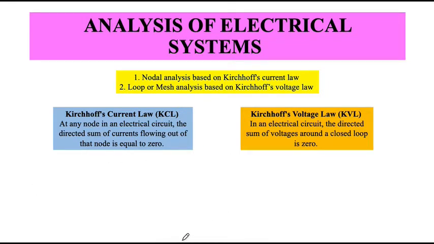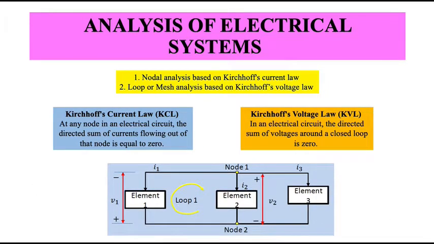If I simply look at the circuit here, at node 1, I1 plus I2 plus I3 is equal to 0, because all three currents are going in the outward direction. So at node 1, the sum of all outgoing currents is 0.